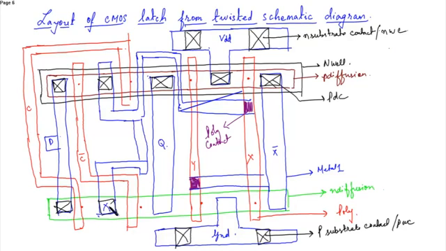Similarly over here you have to place N diffusion contact. This is your NDC contact. This is the layout of your CMOS latch.